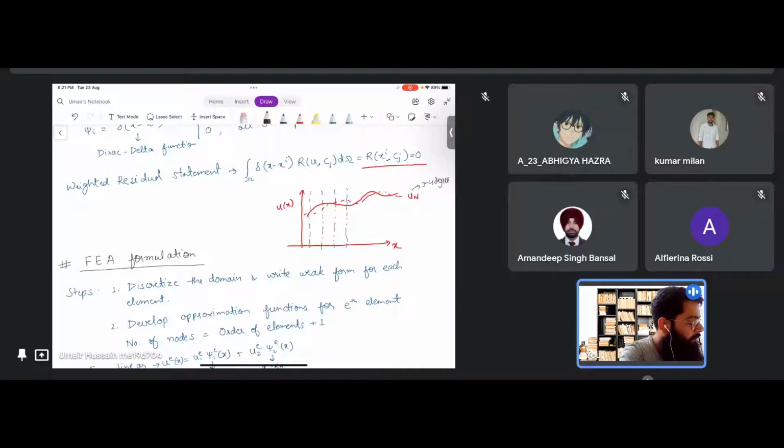But in FEM, even if we take a linear approximation, our approximate solution is much closer to the exact solution in comparison to the other methods.